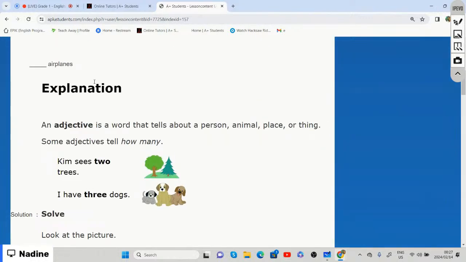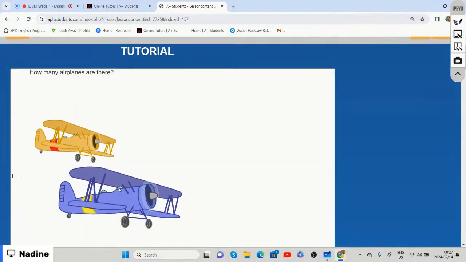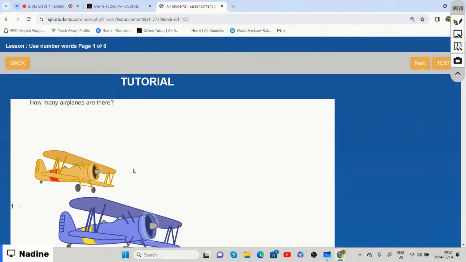Remember, we said in our previous one that adjectives will either tell us what kind or tell us how many. So in this lesson, we need to use number words. And here they will basically ask questions like how many, because with adjectives you can either ask what kind or how many.